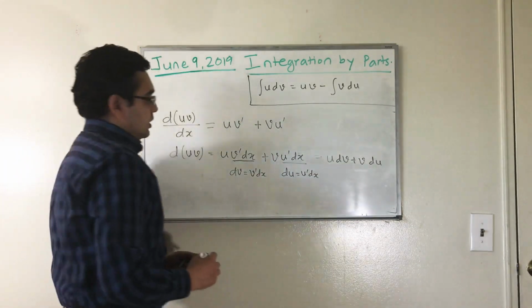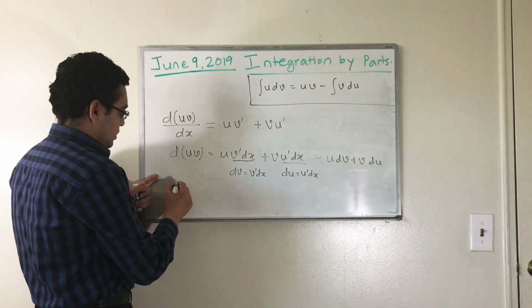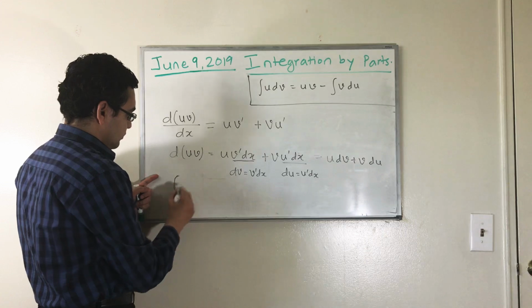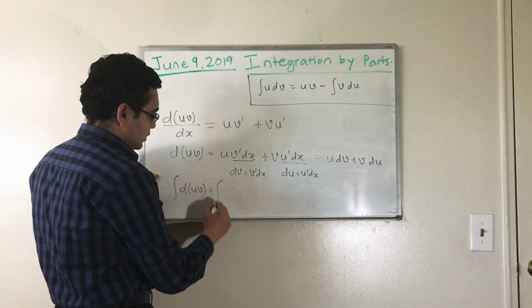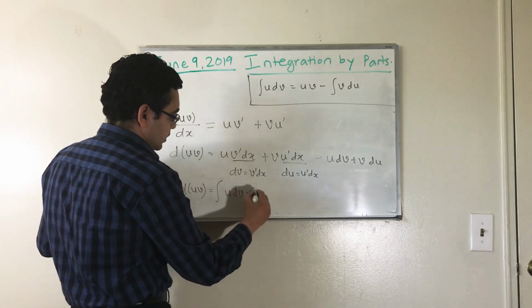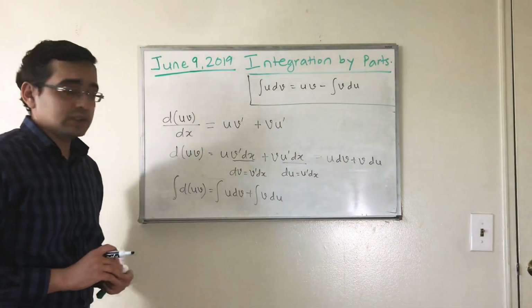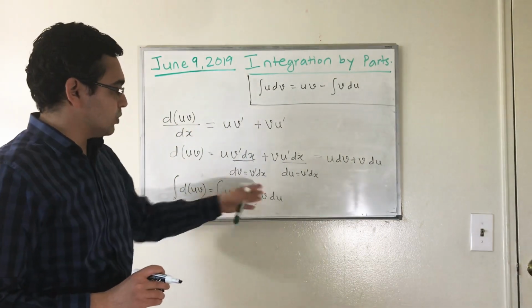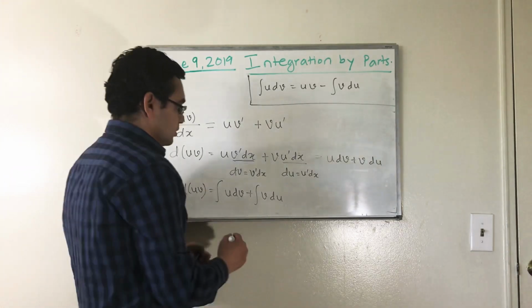Alright, and then I'm going to integrate both sides, and what I get is integral d of uv equal to integral u dv plus integral v du, because integration of a sum of two terms is equal to the sum of integrals, right?